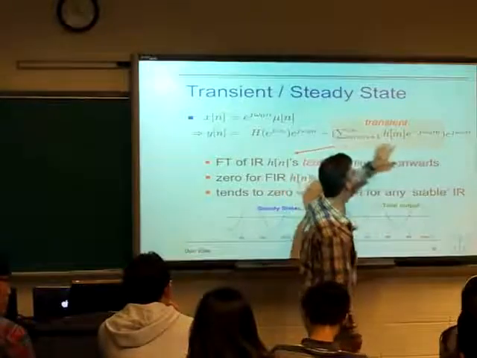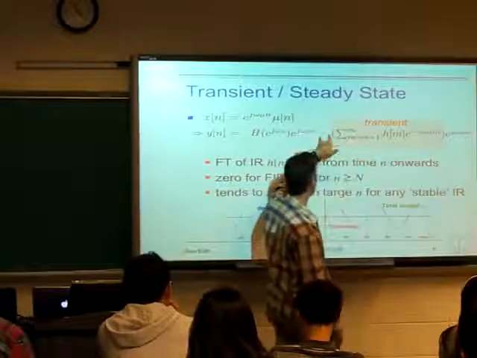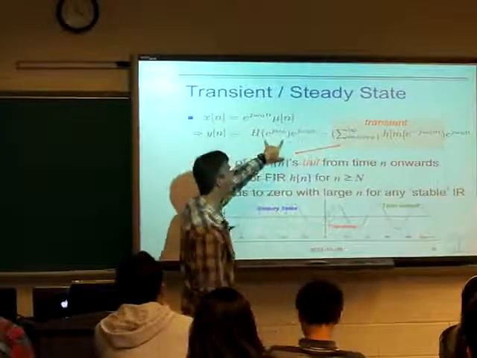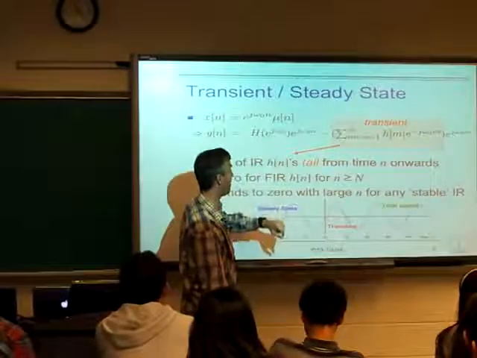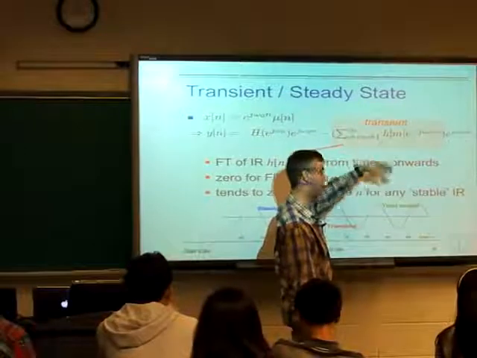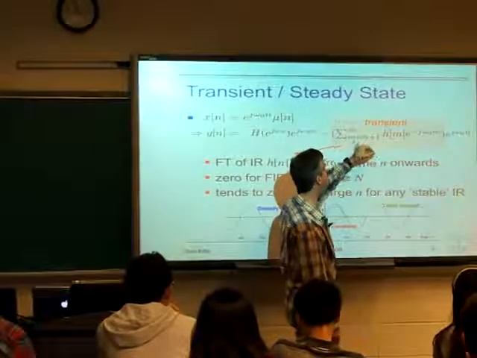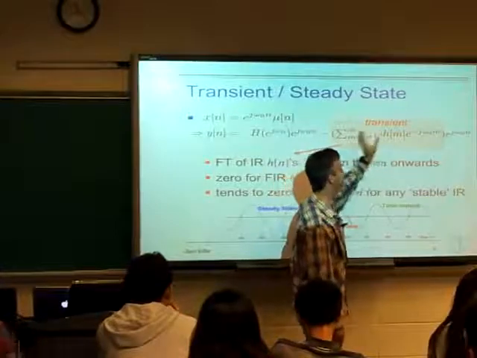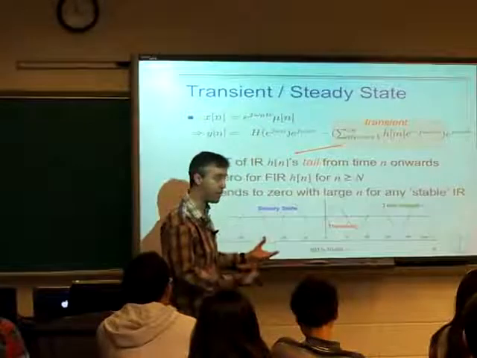And then that's the gain that we're applying to our sinusoid that we're going to subtract off from the steady state response. So clearly, for h that's causal, so if h is non-zero only for n greater than 0, for n equal to 0 or n equal minus 1, this is going to be just this term.